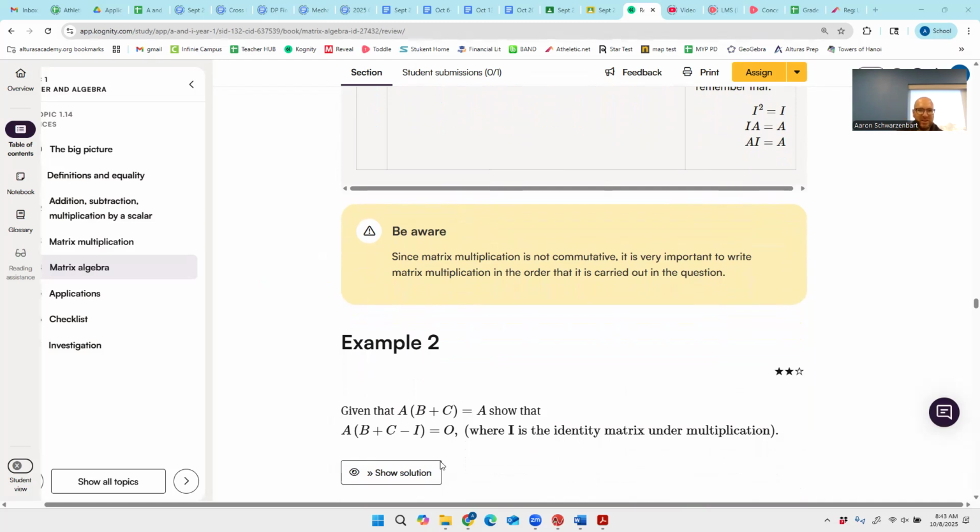So given this, we're supposed to show that this equals the 0 matrix. So that equals that.